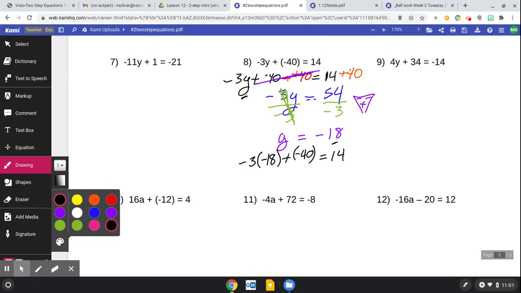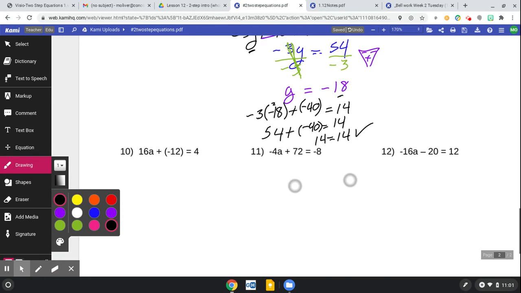Well, that's going to make a positive product because I have 2 negatives. 3 times 8 is 24. 3 times 1 is 3 plus 2 is 5, 54 plus a negative 40. All right. So if I had $54 and I spent 40, I only have 14 left. And that's exactly what I wanted.